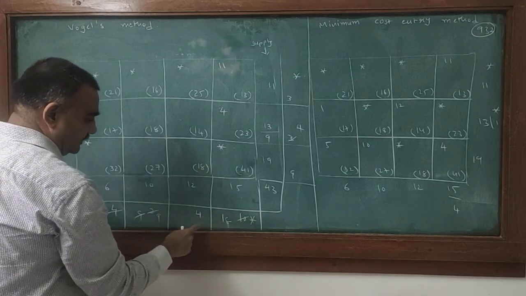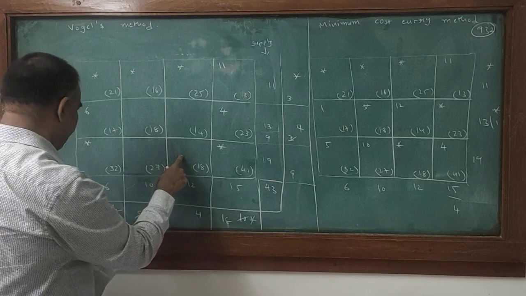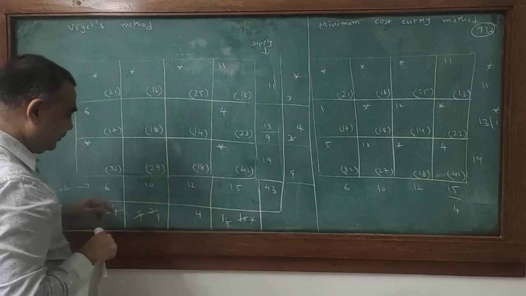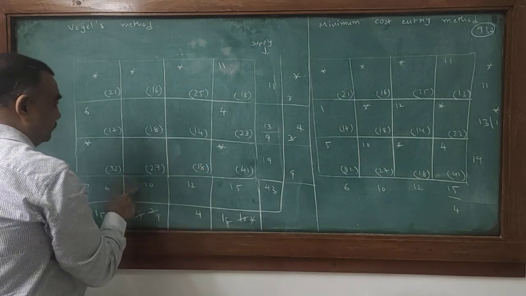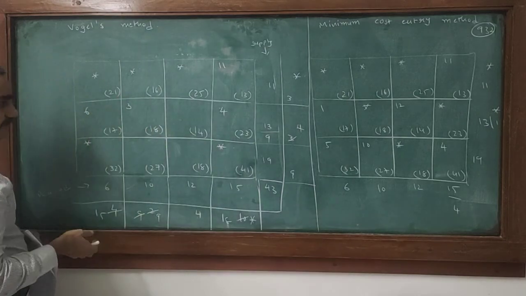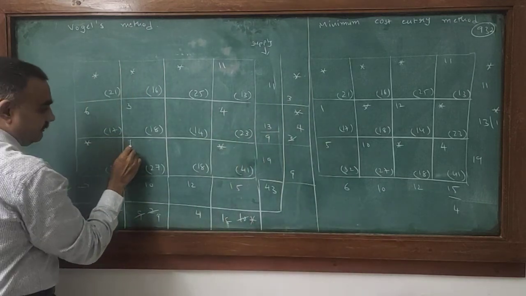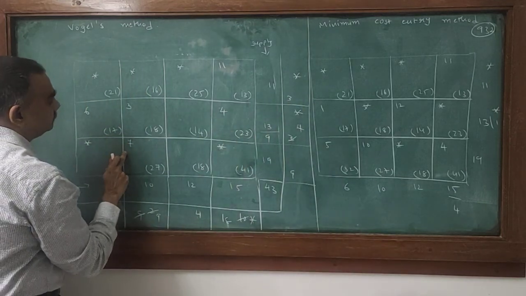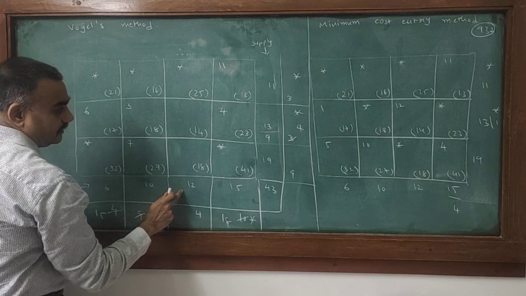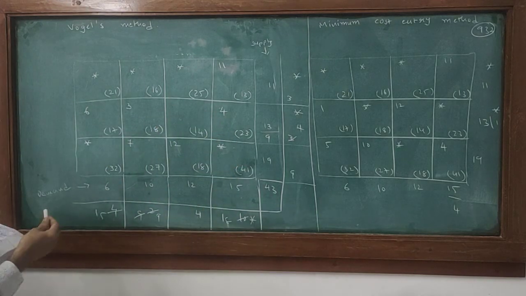And if we choose this 9, we can give 12. So if I choose this one, I can give 3. 7 and 6 means this is done. Now here it is 7, here it is 12, so it is 90.